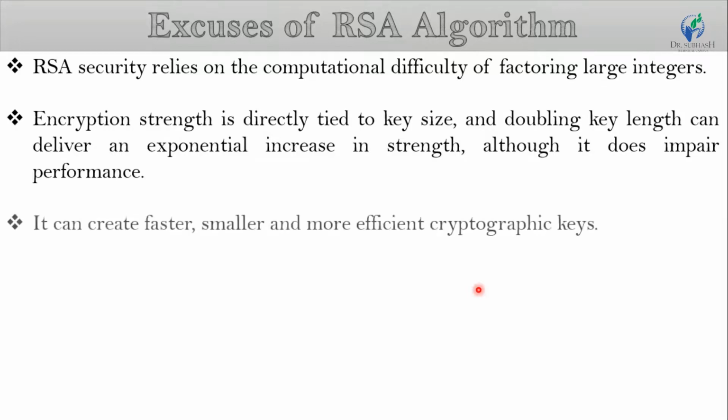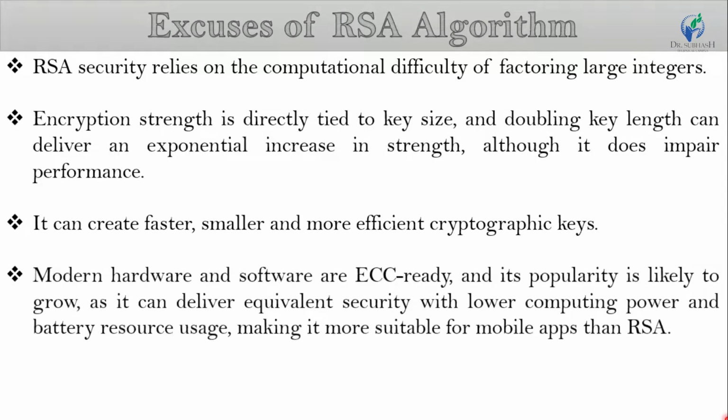For that, it can create faster, smaller, and more efficient cryptographic keys. Now, modern hardware and software are ECC ready, and its popularity is likely to grow as it can deliver equivalent security with lower computing power and battery resource usage, making it more suitable for mobile apps than RSA.